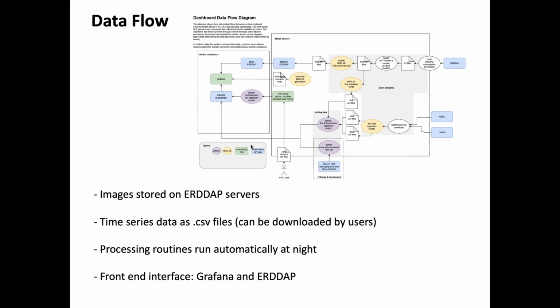And for the front end interface, what you'll see is an open source software package called Grafana, which was designed to monitor computer servers, and then the images are served via ERDDAP, and then Grafana actually pulls those images in, and you can grab them as well in picture form.